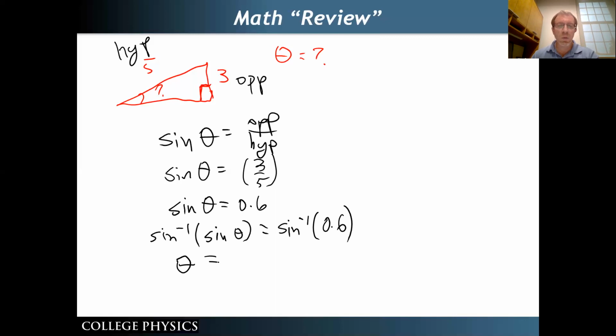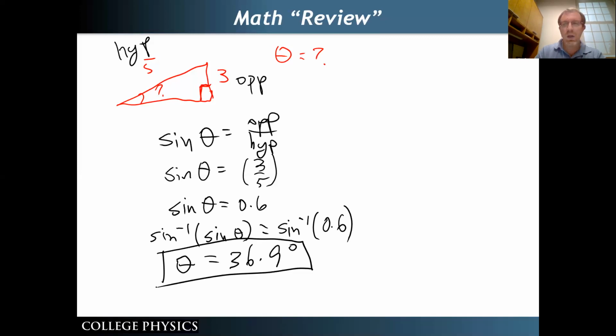Then you would enter 0.6, and then hit the enter button to get your answer. The answer ends up being 36.9 degrees. I could quibble about sig figs again, but I think this is okay for an example problem. Maybe I should have listed my side lengths as 3.00 and 5.00.